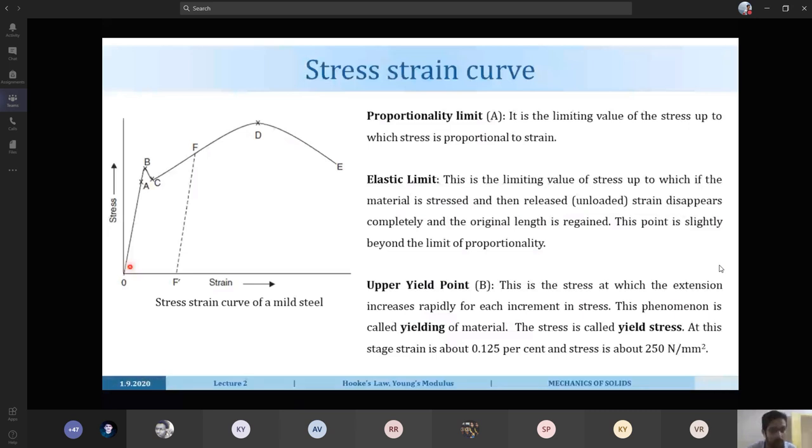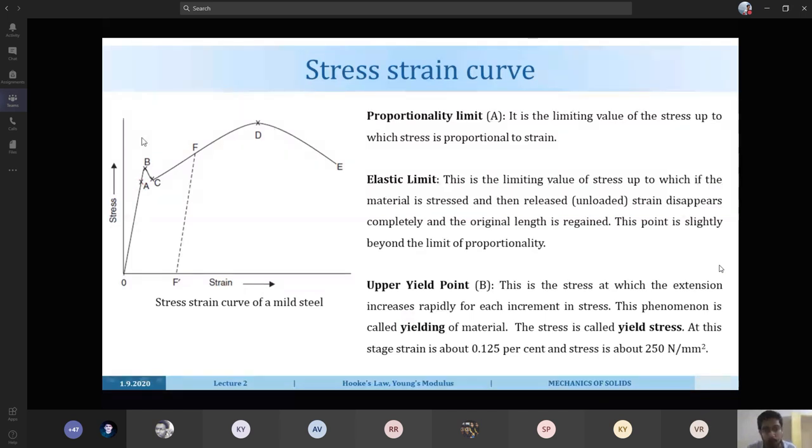That's why we get a straight line up to point A. We say this point A is called the proportionality limit, or limit of proportion, in the sense that from 0 to A, the stress is proportional to the strain.